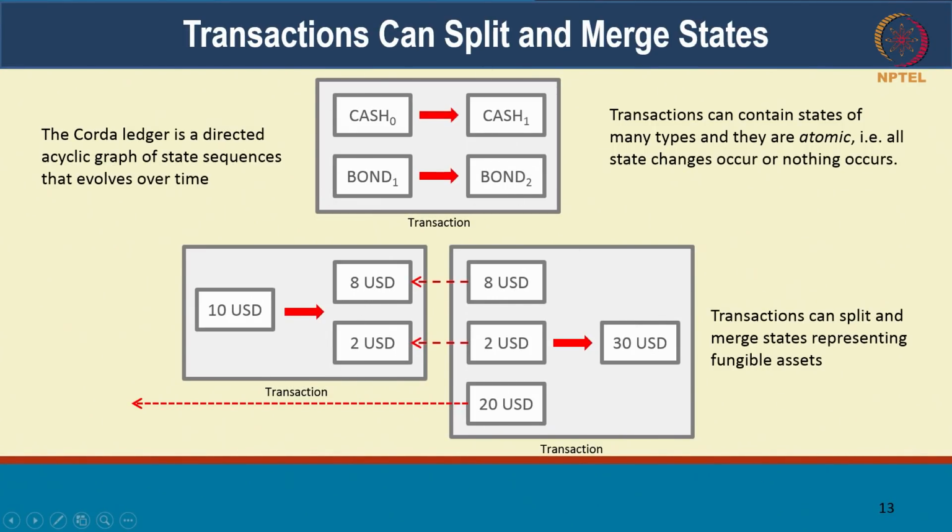So this is again a very similar UTXO example. You've split 10 USD into 8 USD and 2 USD, and you're going to consume those in one or more transactions. And this 20 USD can be pointing to a previous transaction altogether. So this is similar split and merge representing fungible assets, very similar to how Bitcoin is a fungible asset.